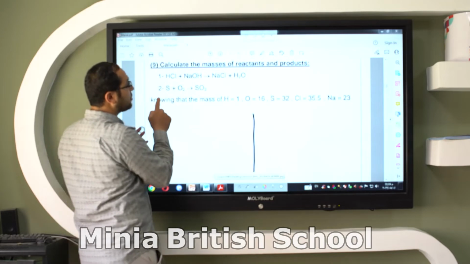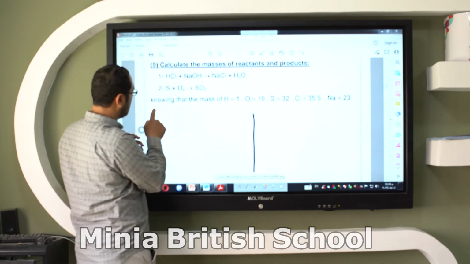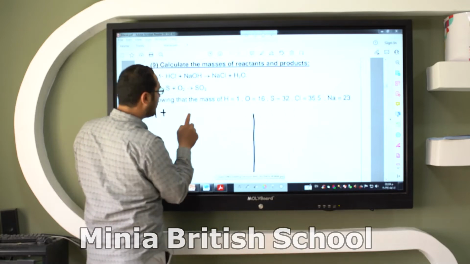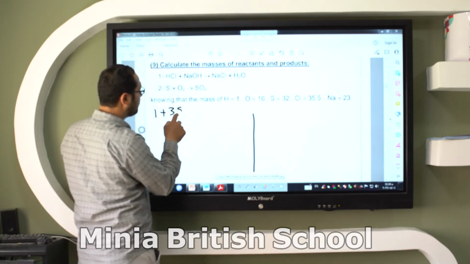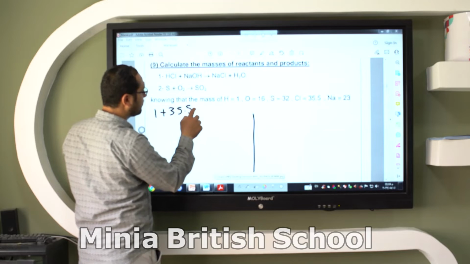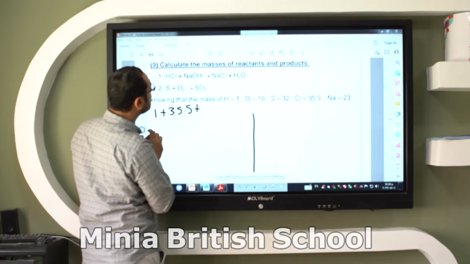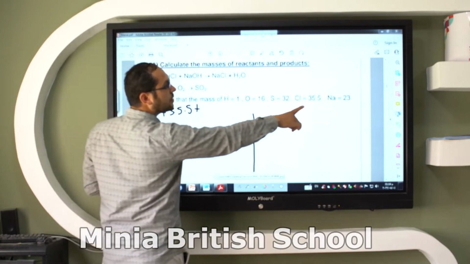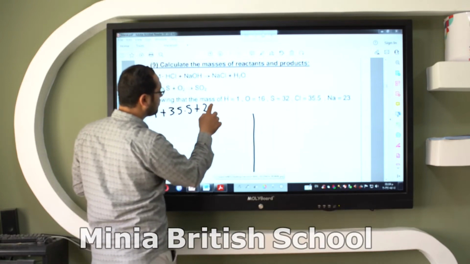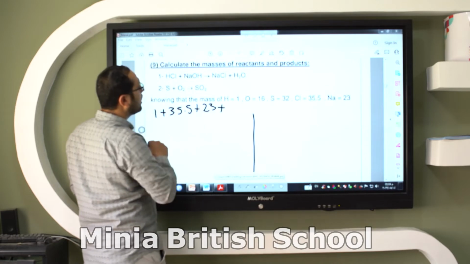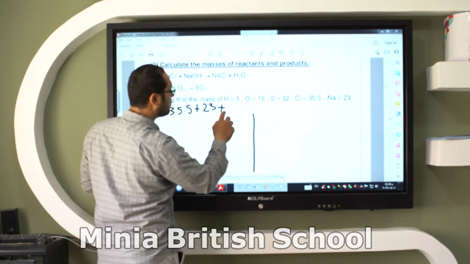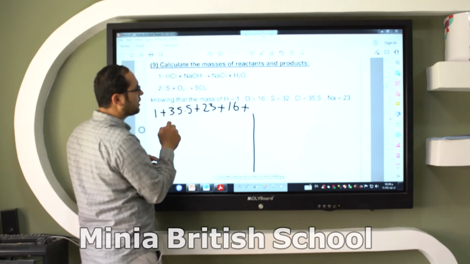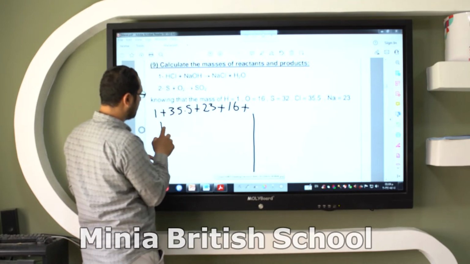Okay, what is the mass of hydrogen? Equals 1. Cl is 35.5, plus the mass of sodium is 23, and oxygen equals 16, plus hydrogen equals 1.